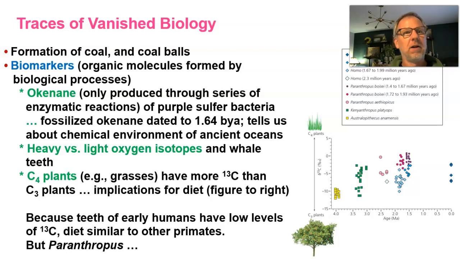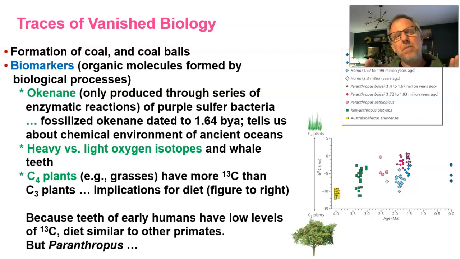So those are biomarkers. C4 plants and C3 plants. This has to do with different types of photosynthesis. C4 plants are essentially grasses, and they have much more carbon-13 than C3 plants.